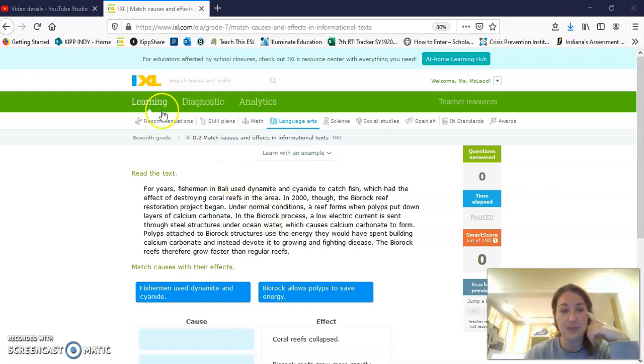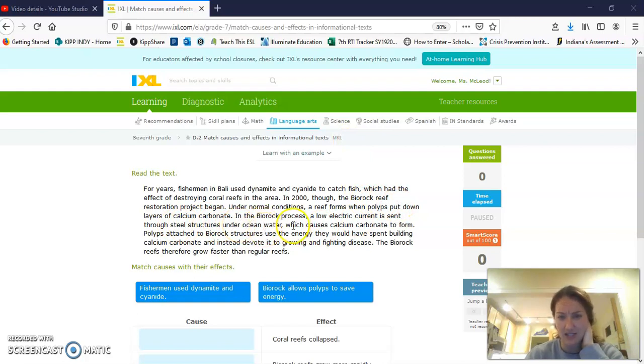For years, fishermen in Bali used dynamite and cyanide to catch fish, which had the effect of destroying coral reefs in the area. In 2000, though, the BioRock Reef Restoration Project began. Under normal conditions, a reef forms when polyps put down layers of calcium carbonate.